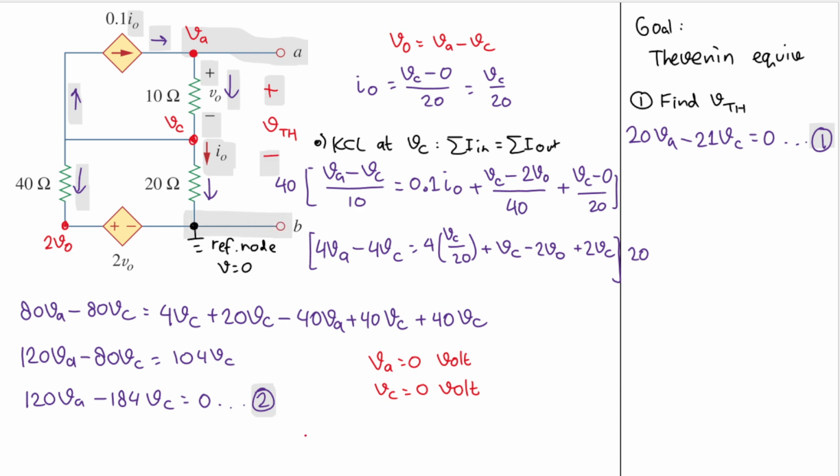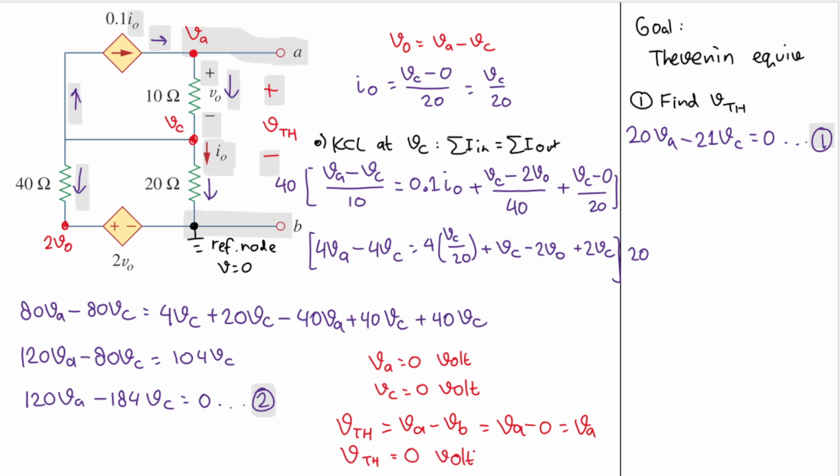So we can calculate VTH, right? VTH is equal to VA minus VB, but our VB is our reference ground, so we'll have VA minus 0, and that will equal to VA. But then VA is 0 volt, so we get our VTH here is equal to 0 volt.